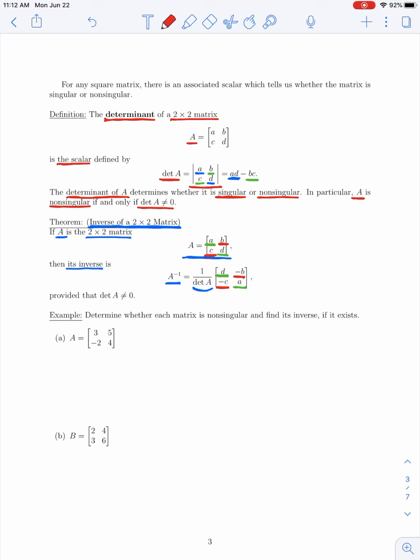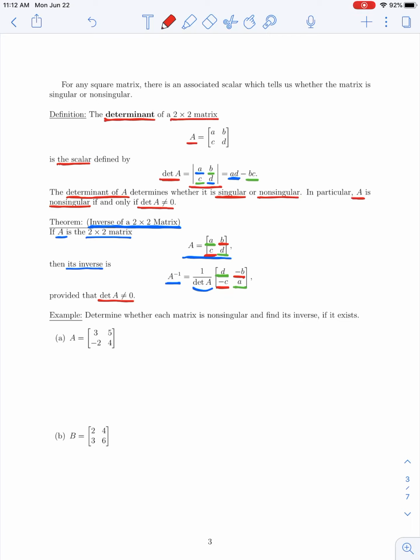If they're negative, they become positive. If they're positive, they become negative. For the 2 by 2 matrix, as long as this determinant is non-zero, that means the matrix is non-singular, it has an inverse, and this theorem gives us a formula for calculating the inverse of that matrix.